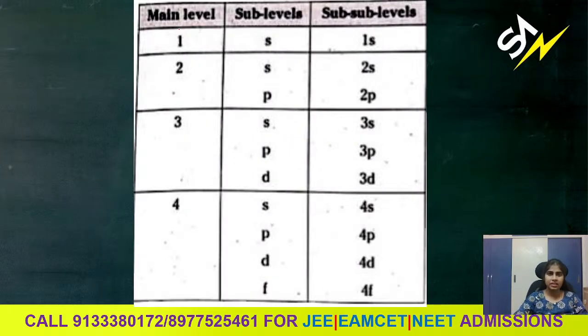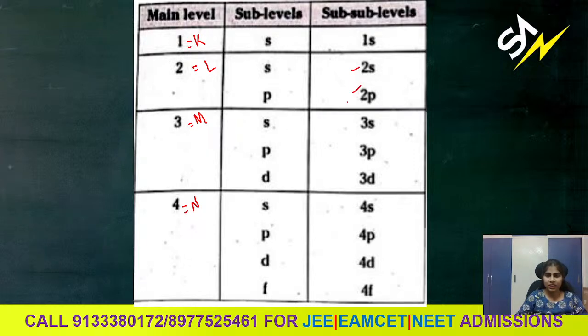You can see here, main level 1 may be K, 2 may be L, 3 may be M, 4 is N. In the first level we have 1s, in the second 2s and 2p.